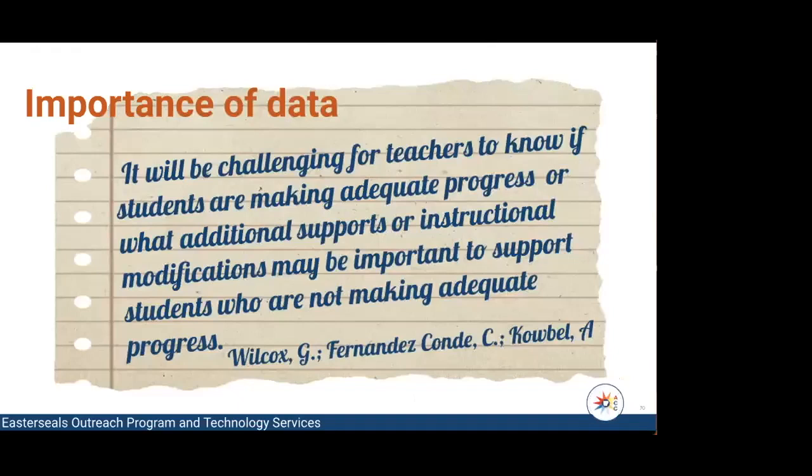So why is data important? It will be challenging for teachers to know if students are making adequate progress or what additional supports or instructional modifications may be important to support students who are not making adequate progress.